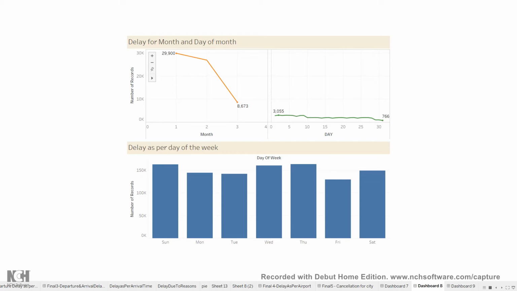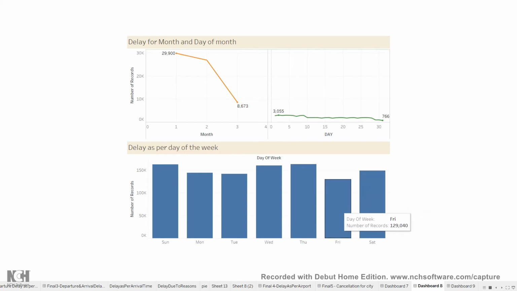We find on Sunday the number is 162,041, and on Thursday the number is 163,070. The lowest number is on Friday, which is 129,040.